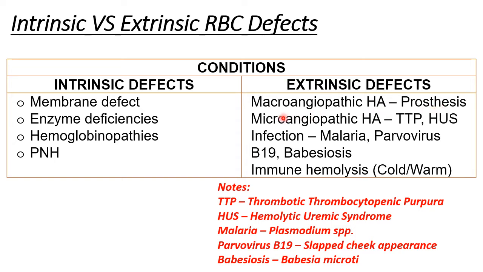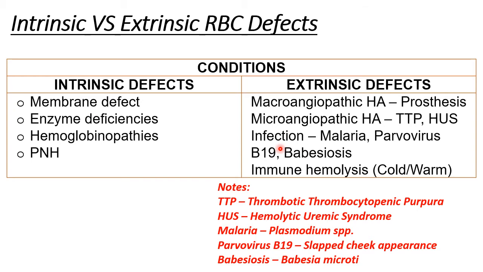Okay? Microangiopathic hemolytic anemia naman. Micro means small, angio means blood vessel. So, smaller vessels ang may problema dito. Most commonly seen in TTP and HUS. What is TTP? Thrombotic thrombocytopenic purpura. HUS is hemolytic uremic syndrome.